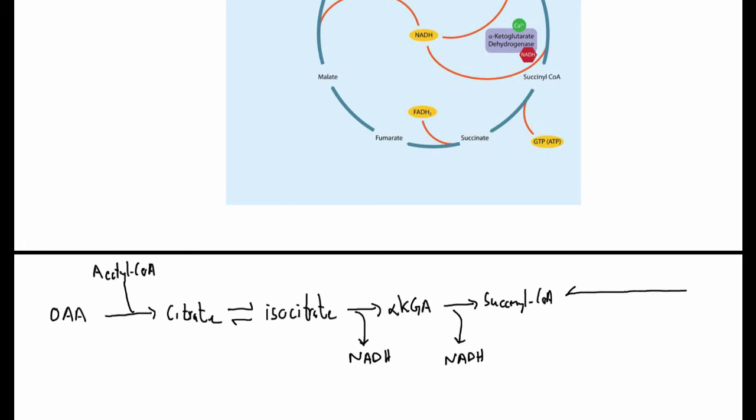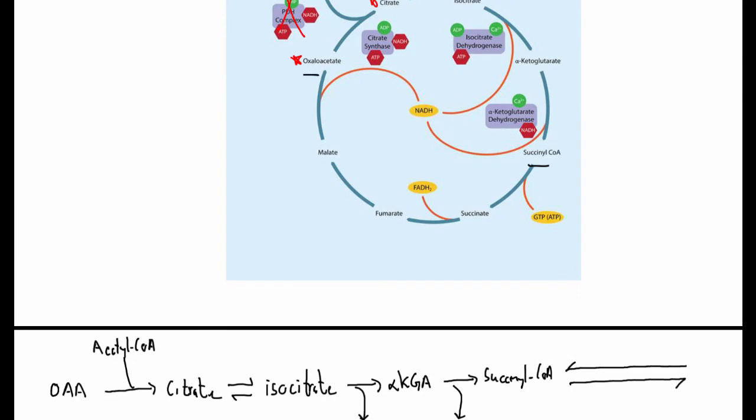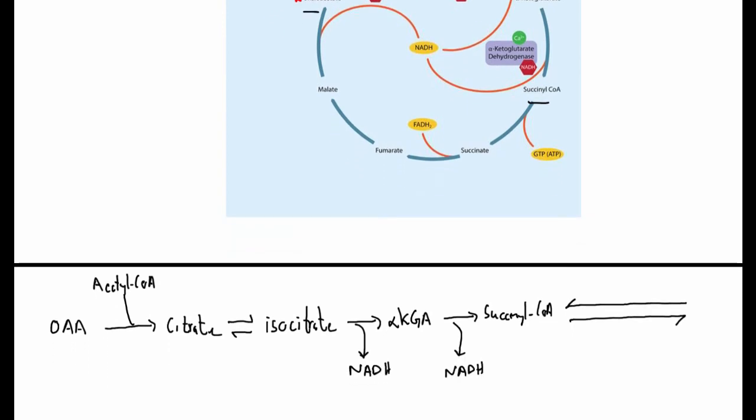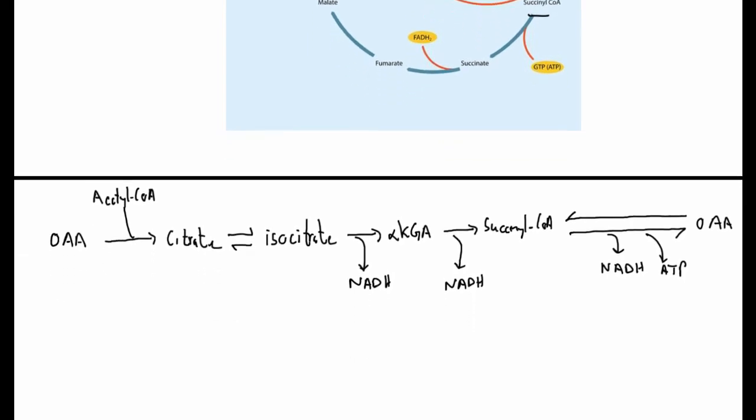So I'll just draw one big reversible step arrow here, and that's going to represent essentially going from succinyl-CoA all the way back to OAA. Understand that as we go in this direction, a small amount of NADH is going to be made, and a small amount of ATP or GTP is going to be made. Okay, and so that's what our pathway is going to look like.